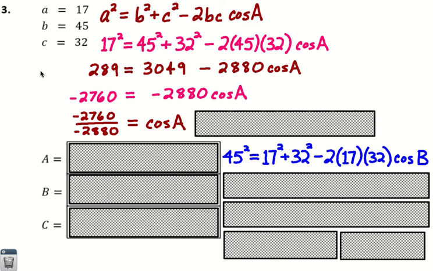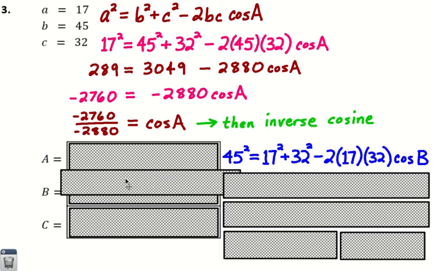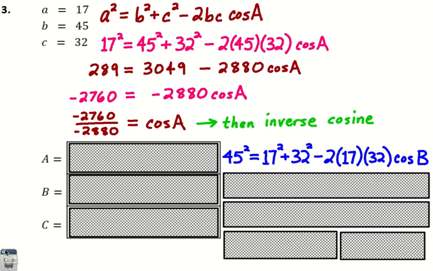And that's going to get cosine of A by itself. We can't get big A by itself, the old-fashioned way, but we're going to get the cosine of A by itself, and then we're going to do the inverse cosine of this fraction. And you might notice right now that this fraction is going to be overall positive.